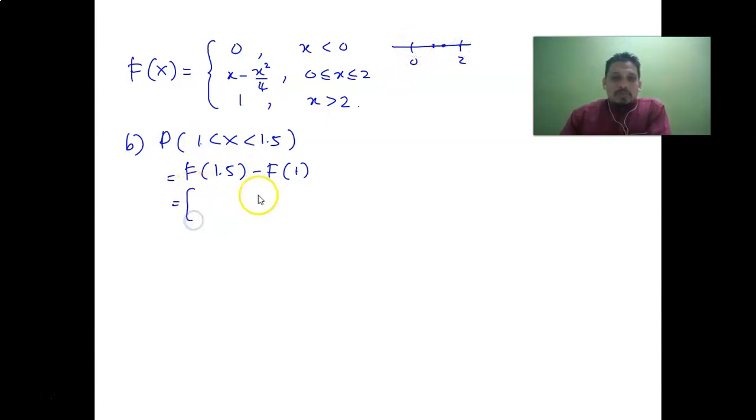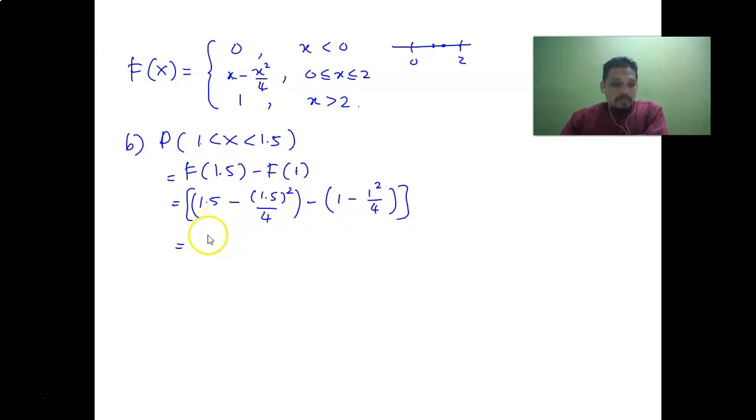First, substitute 1.5: 1.5 minus 1.5 squared divided by 4, minus F(1), so substitute 1: 1 minus 1 squared divided by 4. You may use your calculator, it will give you 3 over 16.